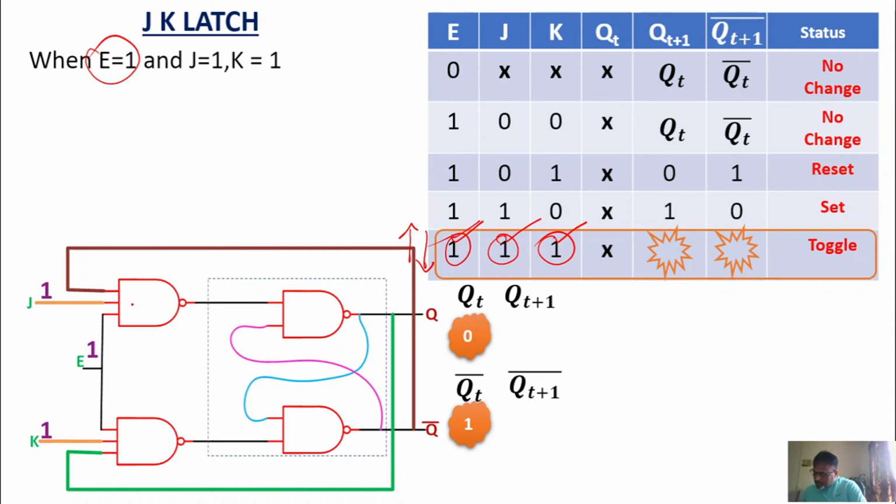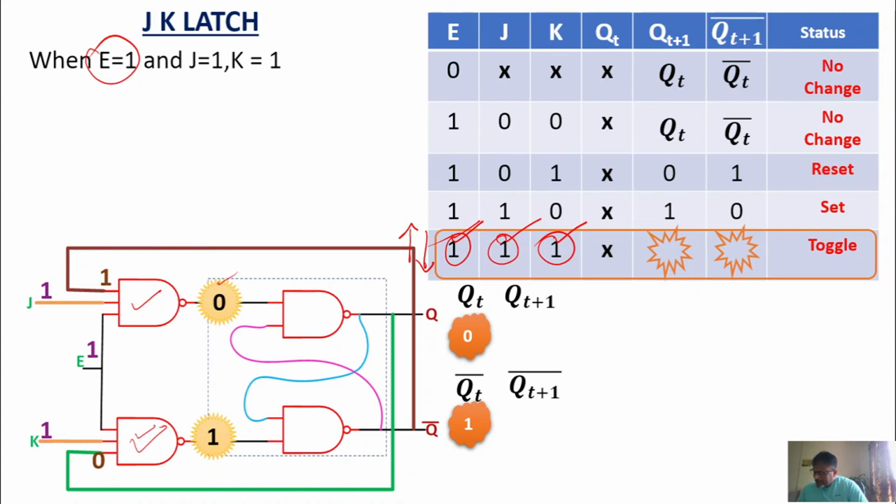So the input to this gate is 1 1 1 and the input to this gate is 1 1 0. One of the inputs to this gate is 0, so the output will immediately be 1 here, and the output will be 0 here. You know the NAND operation of 1 1 1 is equal to 0.